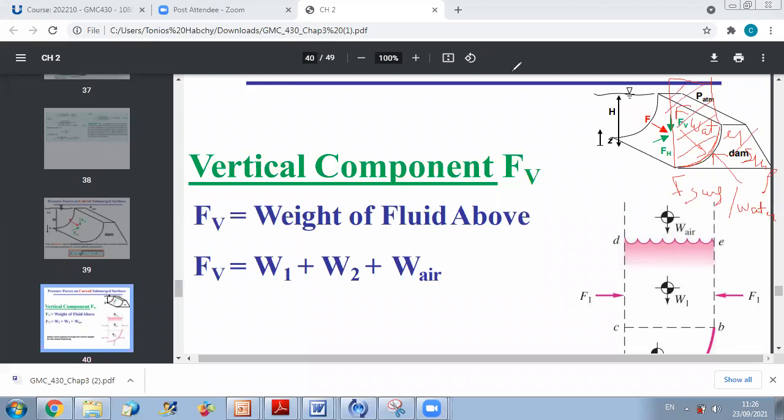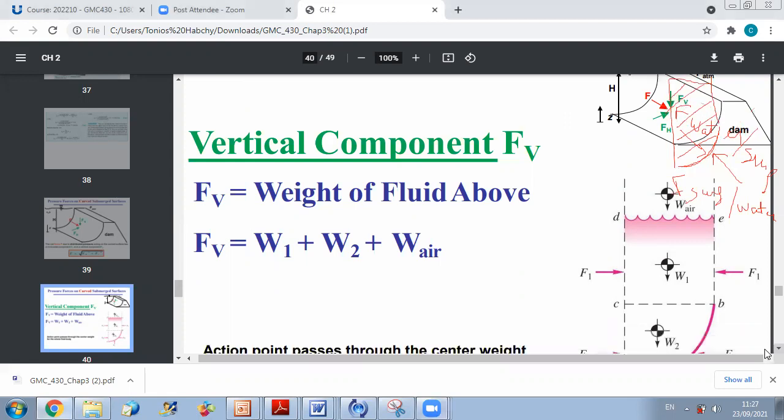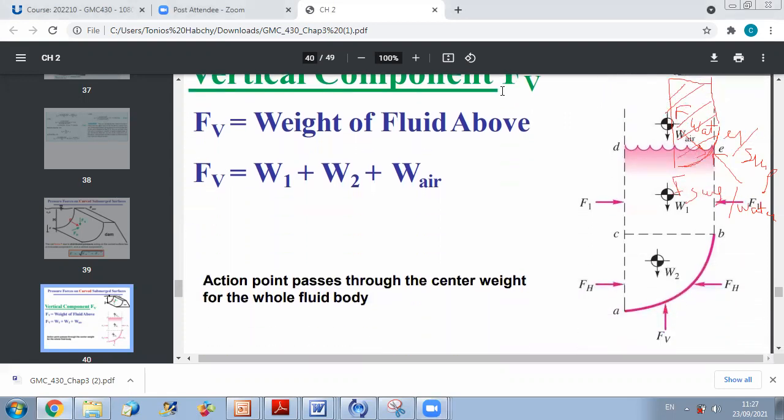If you remember from dynamics, what is the free body diagram? You remember what is the free body diagram of a certain control volume? Exactly. We represent all forces acting on this part of fluid.